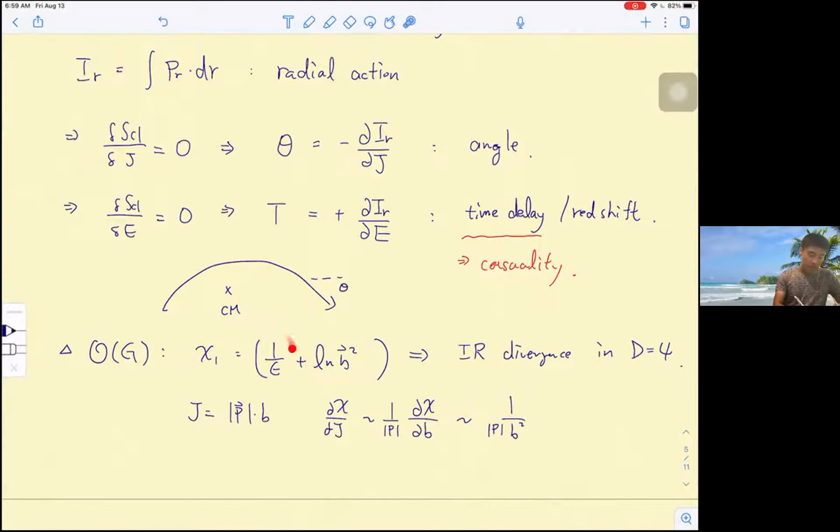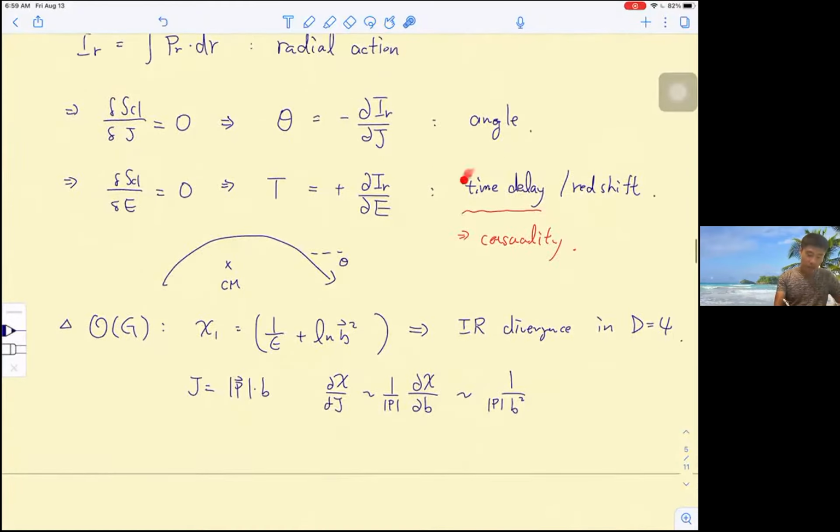So this IR divergence is only in the time delay, but the scattering angle in 4 dimensions is still well defined as it should be.